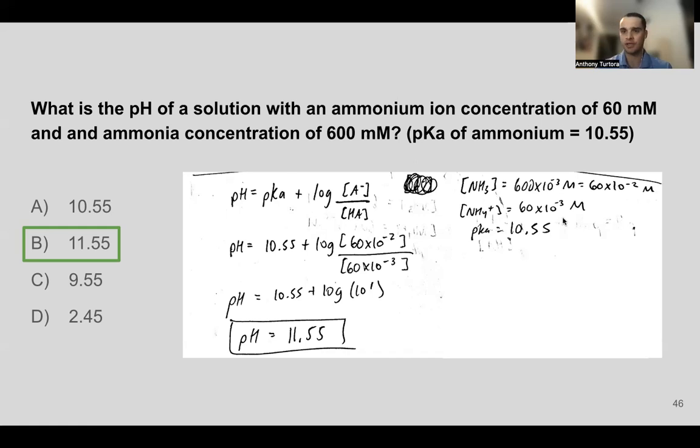And then in order just to make these calculations easier, I made these two the same, so I could cross this out in this part of the equation once I plug it in, and then I get log of 10 to the 1. And I know log of 10 to the 1 is just 1, so I add that together and I get that my pH was 11.55.